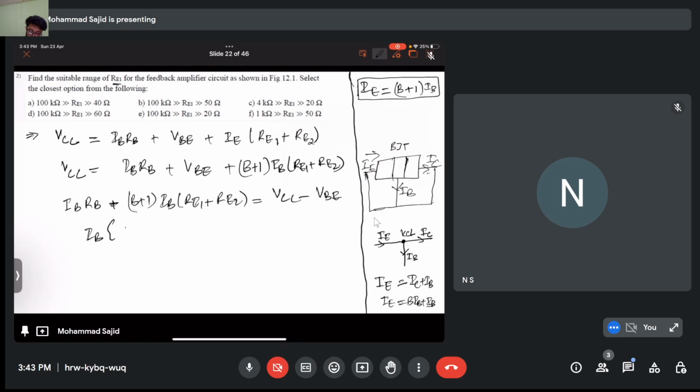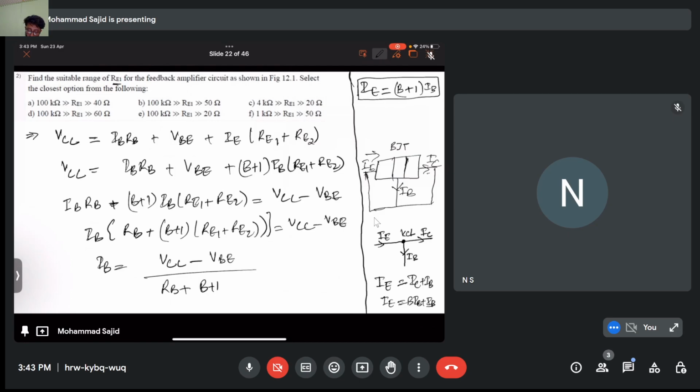So IB will be equivalent to VCC minus VBE divided by RB plus (beta plus 1)(RE1 plus RE2).